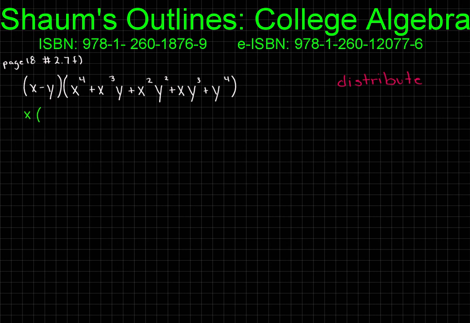distributed into x to the fourth plus x to the third y plus x squared y squared plus x y to the third plus y to the fourth.